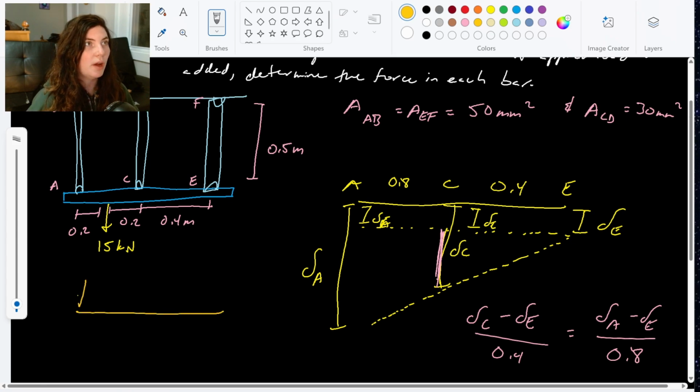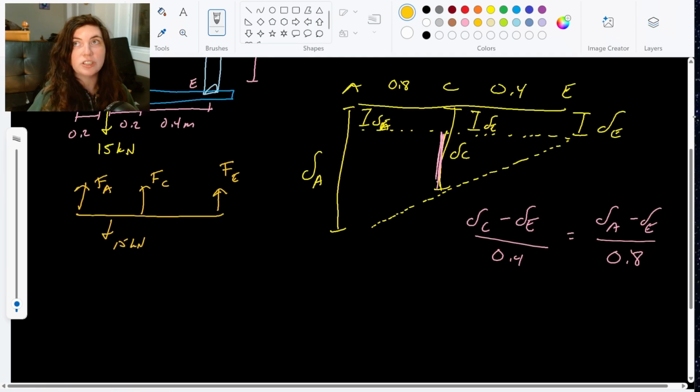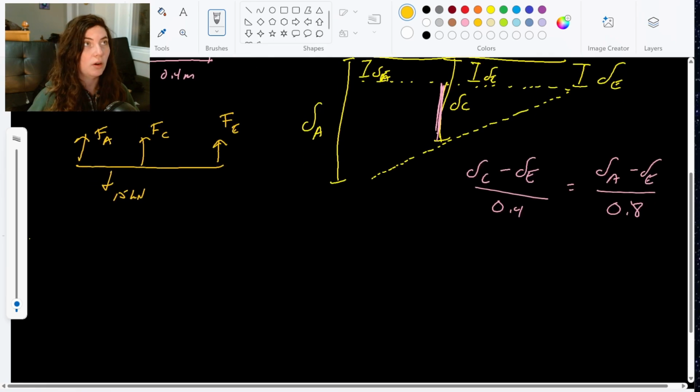If we did our free body diagram, we would have force in AB, force in CD, force in EF, and the 15 kilonewtons. So we have three unknowns and two equations we can use: the moment equation and the sum of y forces equation. Our sum of y forces is pretty simple.